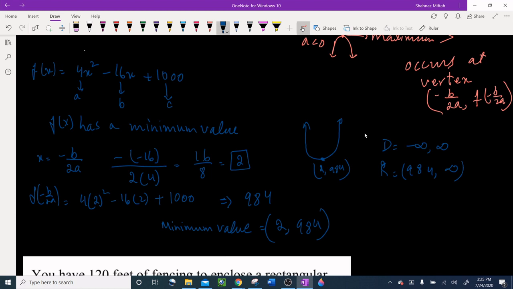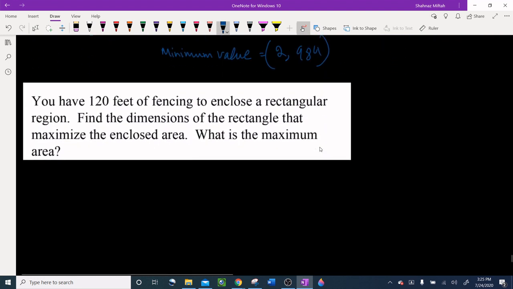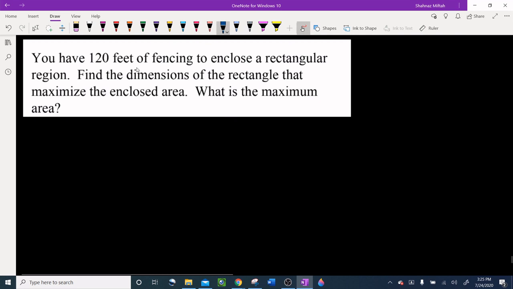Okay. Now I have a word problem, the one we're going to work on, which is this one. You have 120 feet of fencing to enclose a rectangular region. Find the dimensions of the rectangle that maximize the enclosed area. What is the maximum area?